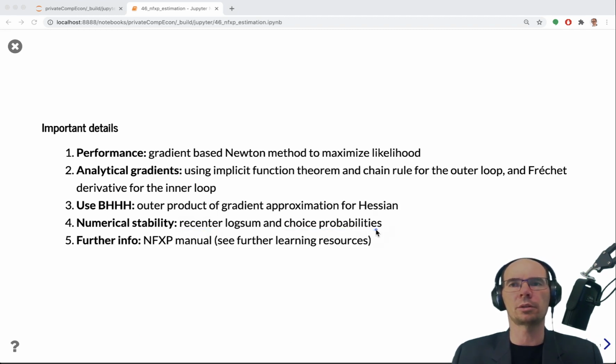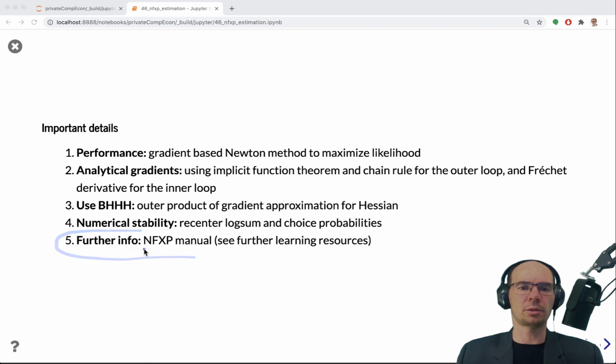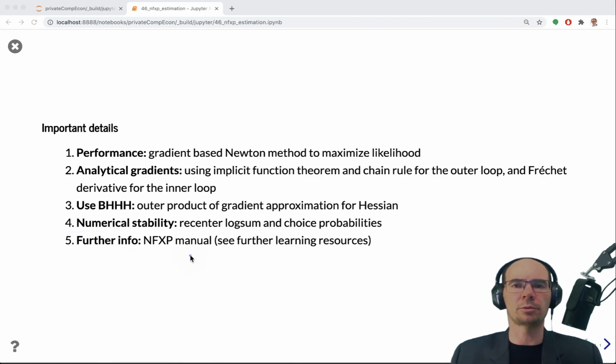So every time we're calculating the log, we should ensure that we're not calling that for a zero or a negative number, and every time we're calculating the exponent, we have to make sure that the number cannot get too large. And all of these details are laid out in what's called the NFXP manual, an unpublished document available from John's website and also through the repository with these lectures in the static PDF folder.